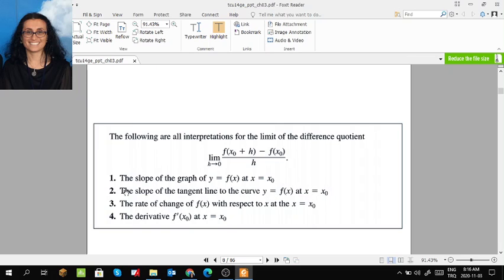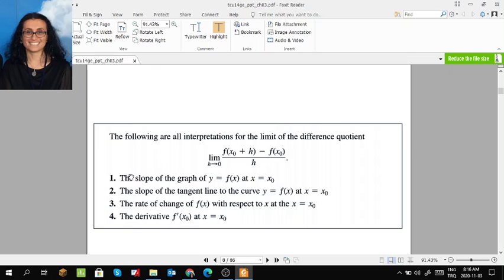1 and 2 are the same actually. It's the slope of the graph and the slope of the tangent line. Even if we write it differently, we mean the same thing here, because you can find the slope of a graph by looking at the tangent to this graph at that point.